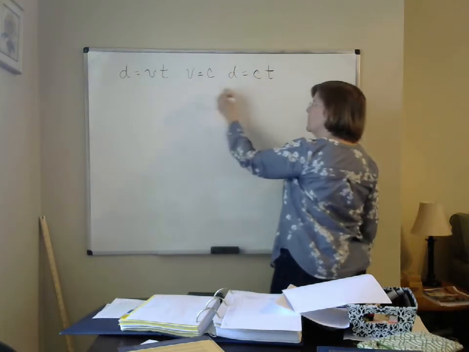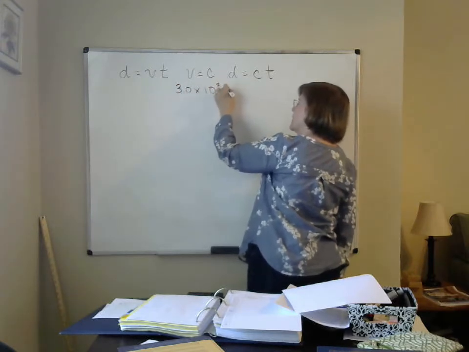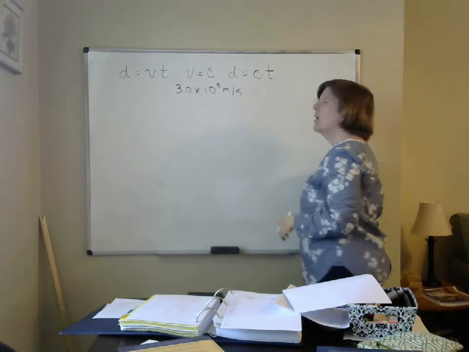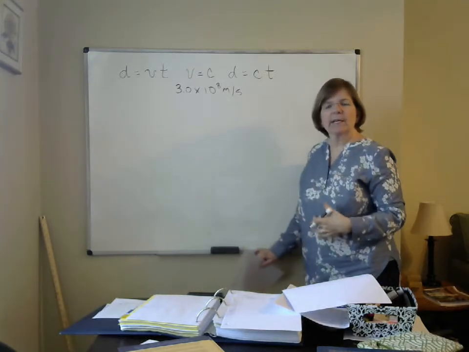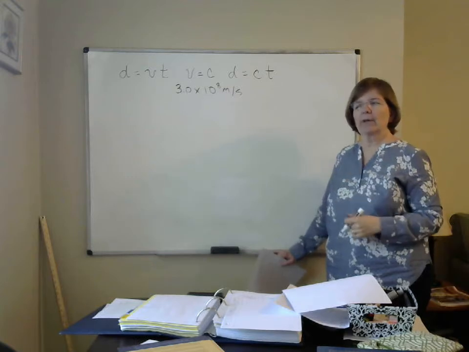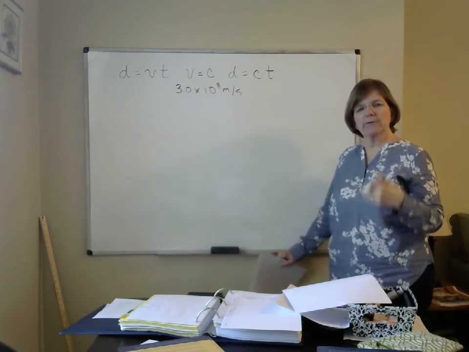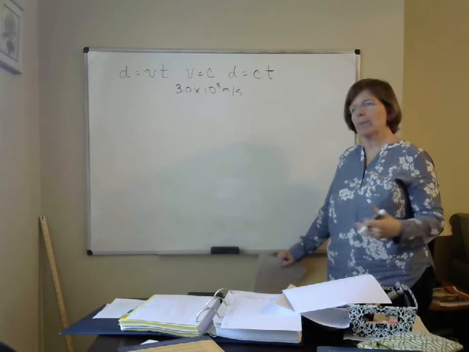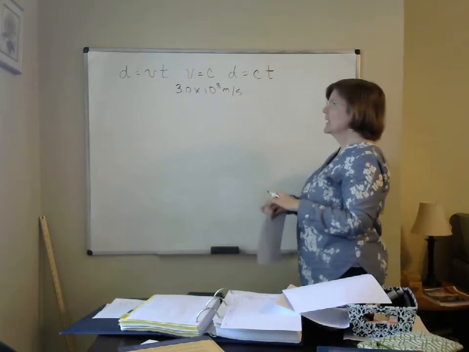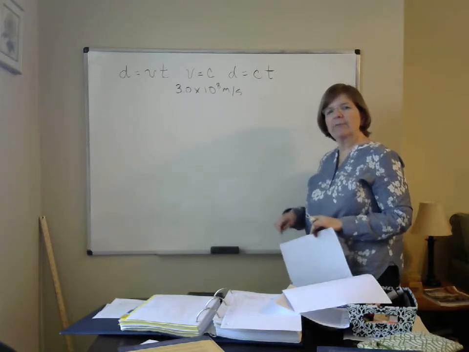What is c? Remember c? That's 3 times 10 to the 8th meters per second. All electromagnetic radiation travels at the same speed in a vacuum. Radio waves travel just as fast as microwaves or visible light or X-rays or gamma rays. They all travel in a vacuum at 3 times 10 to the 8th meters per second.